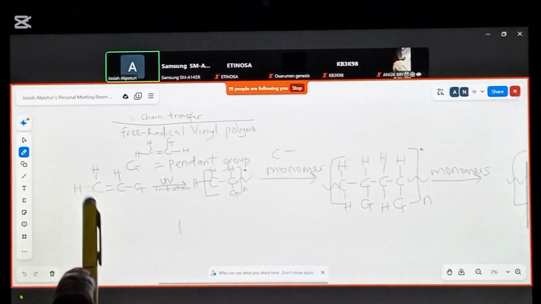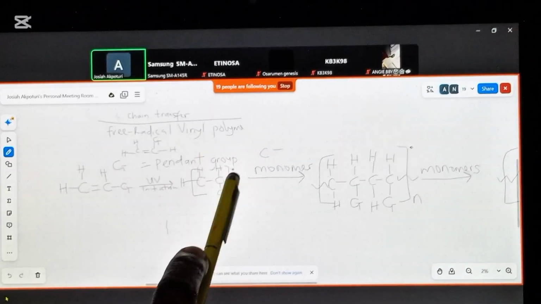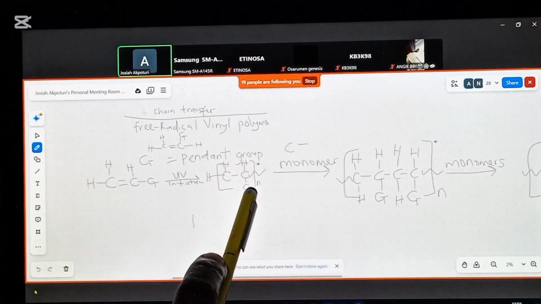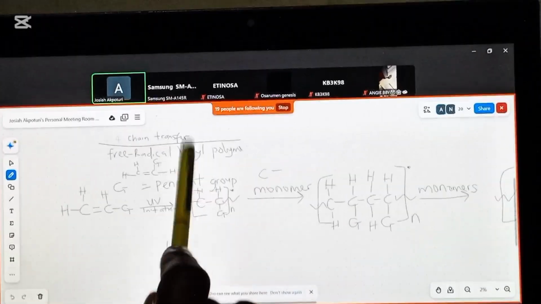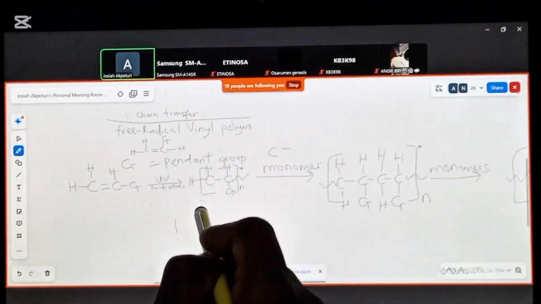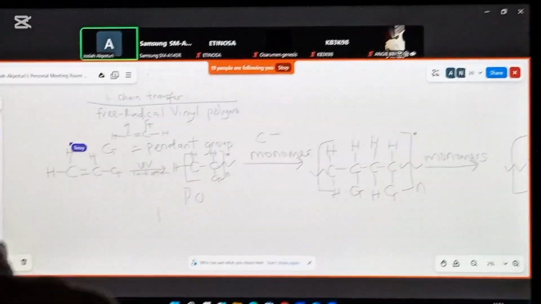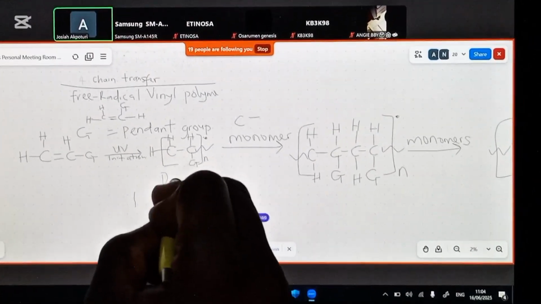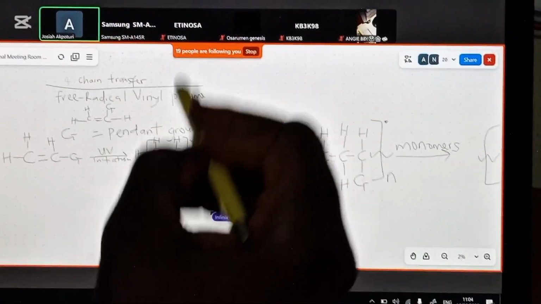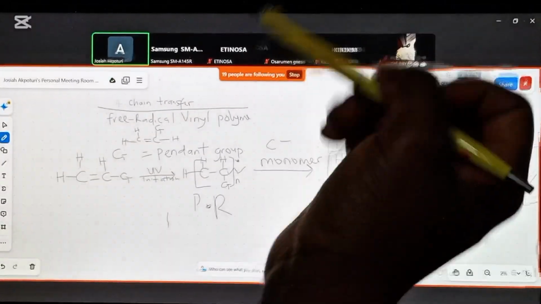We said this is the monomer. UV initiates the radical, then a radical is formed. Because there is an n here, we call it polymer radical. I said I will be indicating polymer radical with P dot. Then this polymer radical reacts with the monomer.